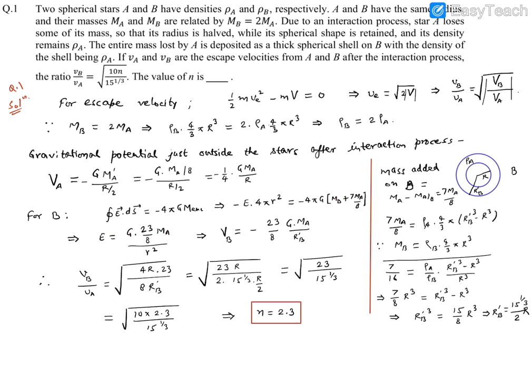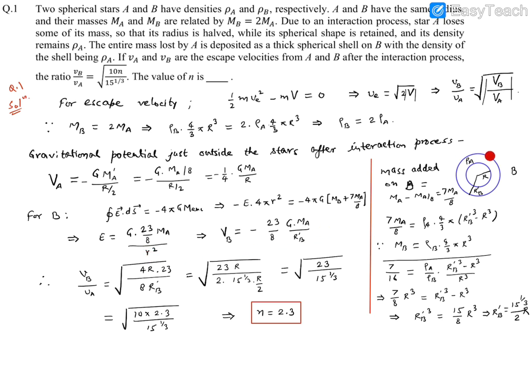We know mB is twice mA, so that will turn out like 2 plus 7 by 8, 16 plus 7, that is 23 by 8 mA. So this becomes the formula for the gravitational field outside star B due to star B. And since this is a gravitational field, potential will be the integral of E dot dr from infinity to that point, so it turned out like minus this number and 1 by r.